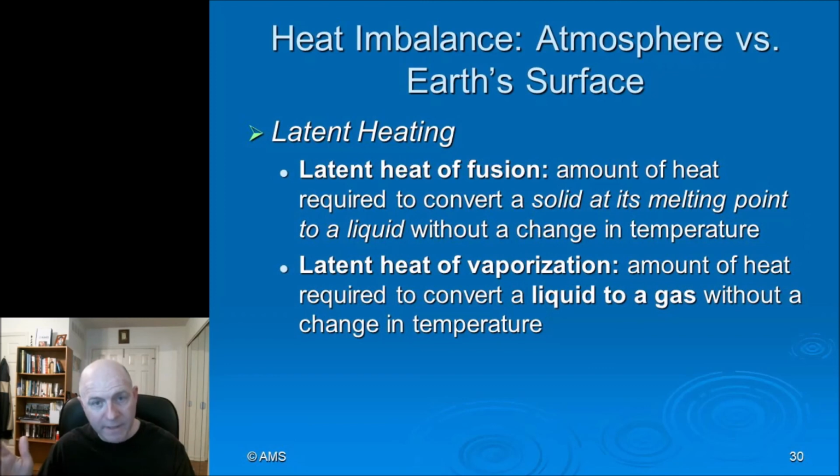At the higher end, that's the latent heat of vaporization, the amount of heat required to convert from liquid to a gas. All right, I'm going from water that's 100 degrees Celsius to a gas that's 100 degrees Celsius. I didn't change the temperature, but I had to add energy. I had to add heat to get that phase to change. And that's what those two terms are all about.